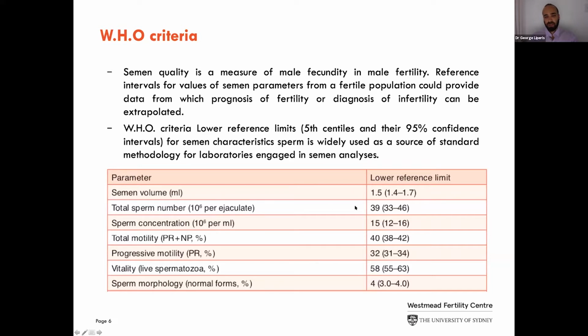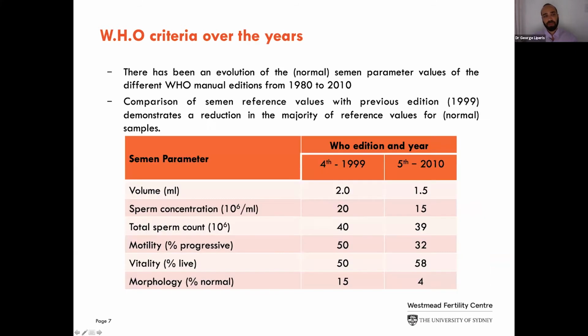Most of us are familiar with those, like the volume, the total number of sperm, the concentration, total motility, progressive motility, vitality, as well as sperm morphology. But we can see that there has been an evolution of normal semen parameter values across the different WHO manuals, from 1980 to the 5th edition in 2010.